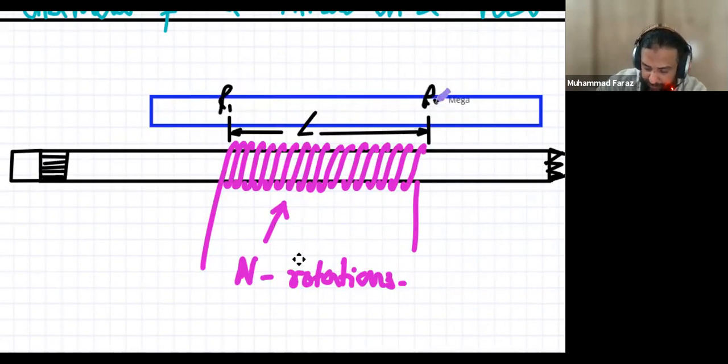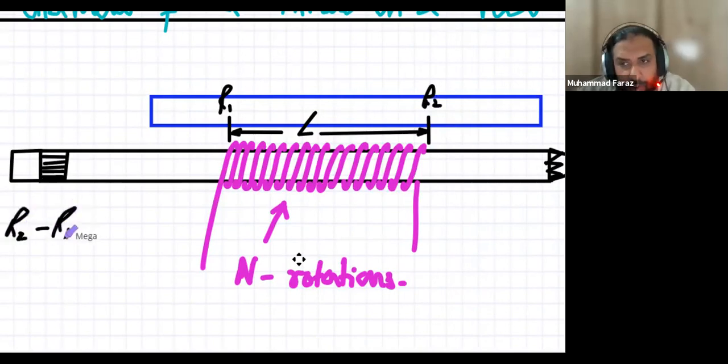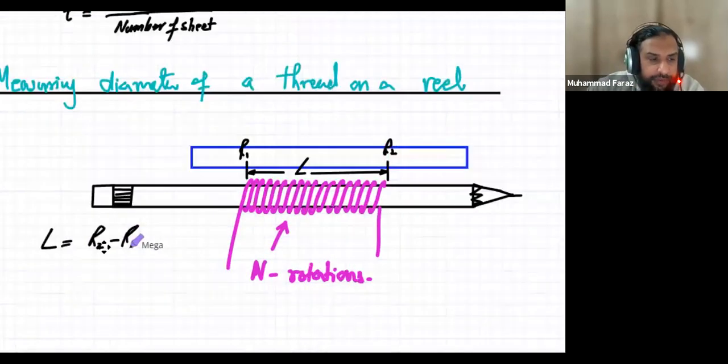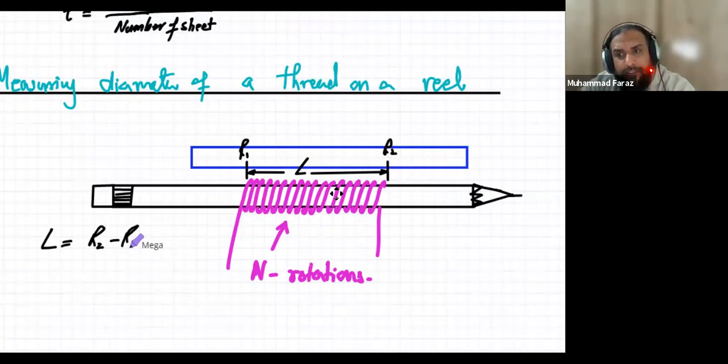So very basically, the same thing we've been doing the whole day. Reading will be R2 minus R1. But that will not be the thickness of a single thread. This R2 minus R1 will be giving you this L. L is the thickness of N side-by-side threads. What will be the thickness of one single thread?